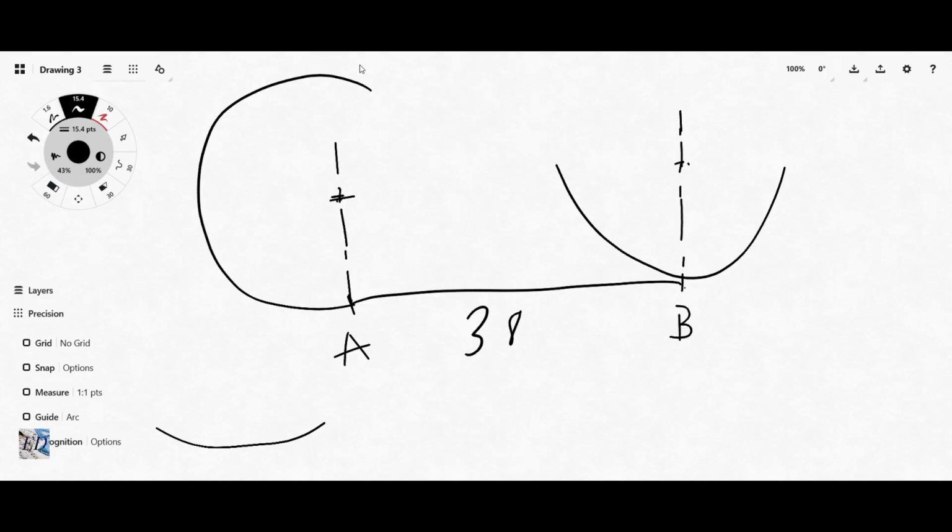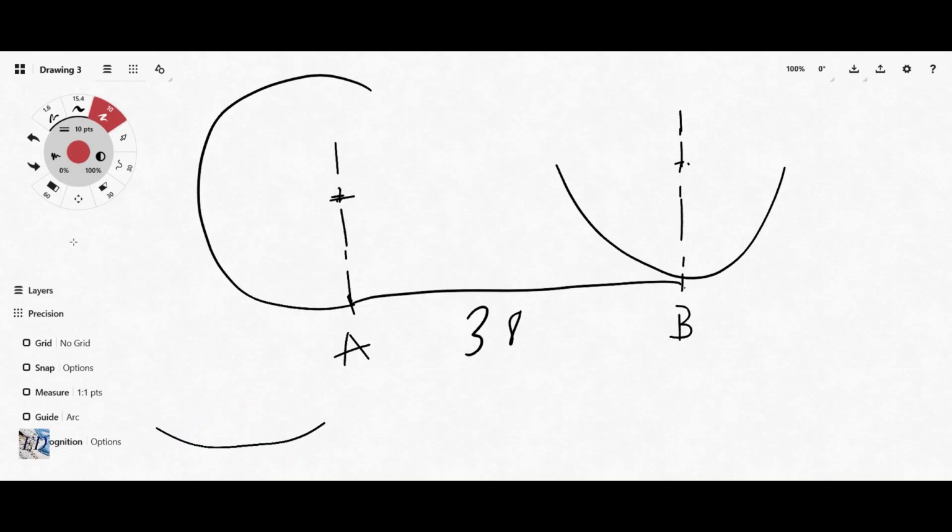Like we did in the previous one, this arc here represents a location where the center for the third arc would be. So anywhere on this arc could be the center for the last arc, right?